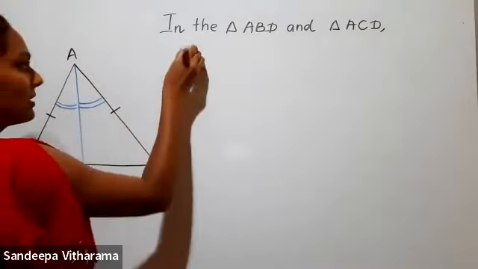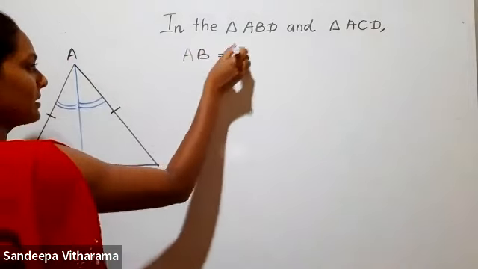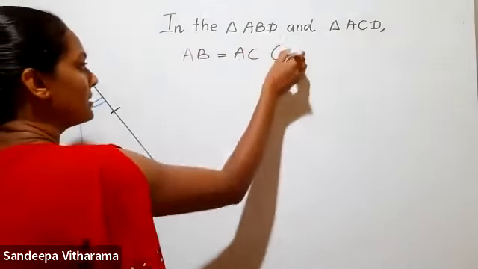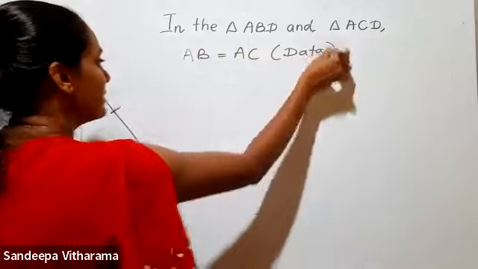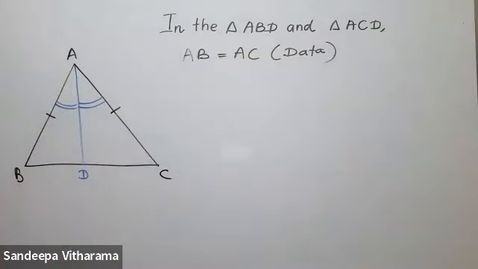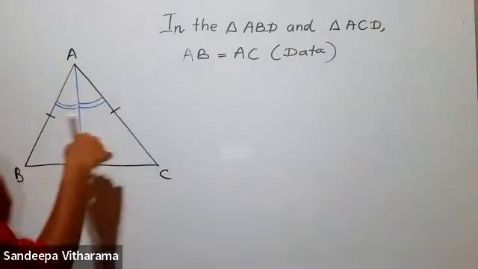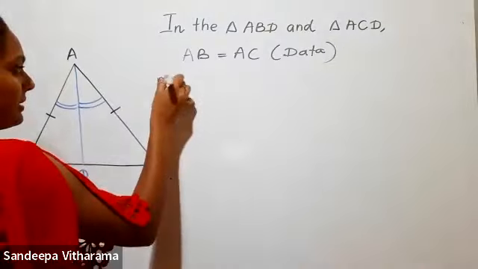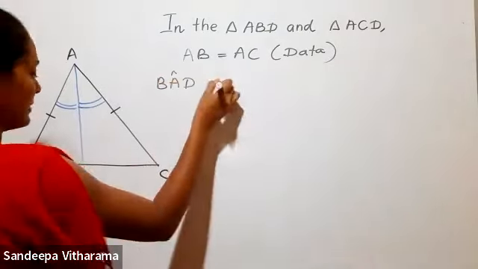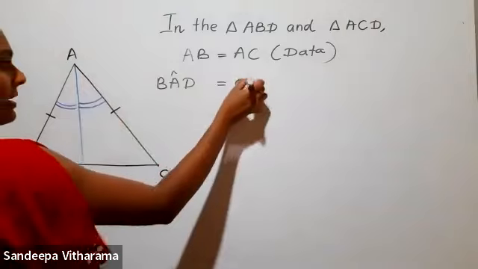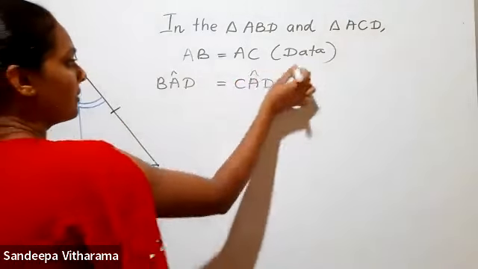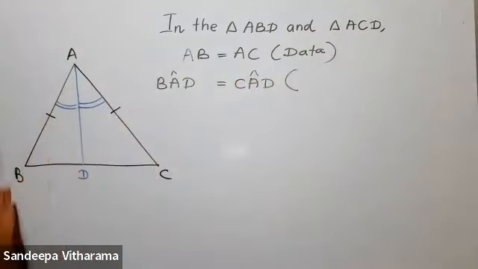At once we can write that AB equals AC because it is given. So, it's the data. හරිද? Then, angle BAD equals angle CAD. What is the reason? Because AD is the bisector of angle BAC.